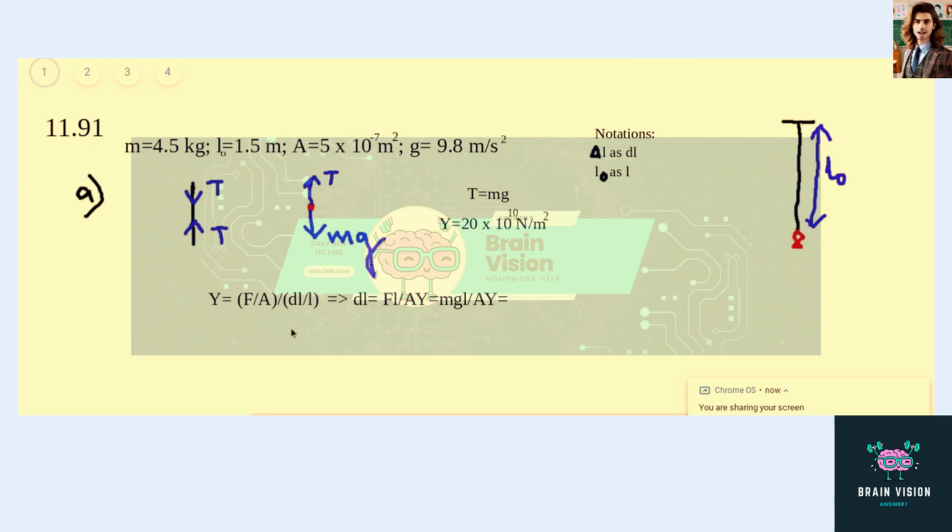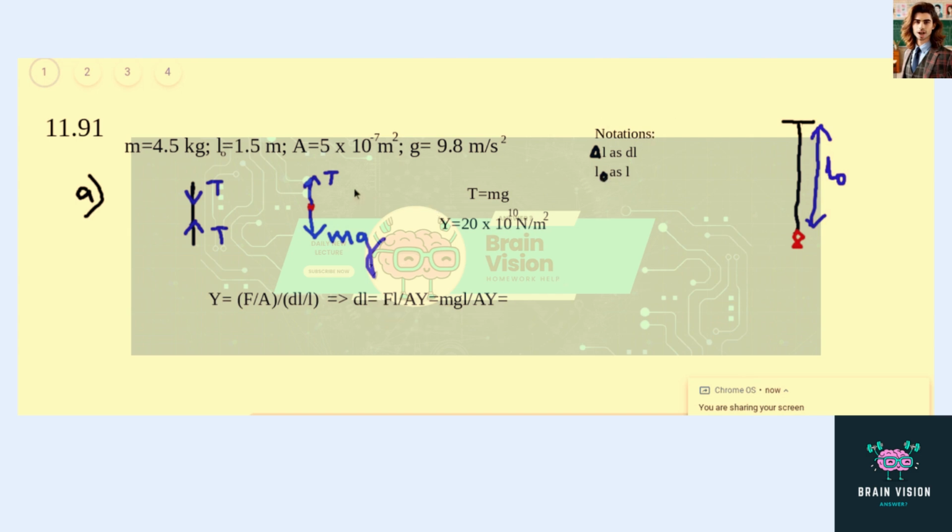So I can use this equation to find my change in length, or the stretch in the wire, which gives me this equation: mgL over AY. From here onwards I'll use notation where I'll say delta L as dl, and I'll denote L naught as L.